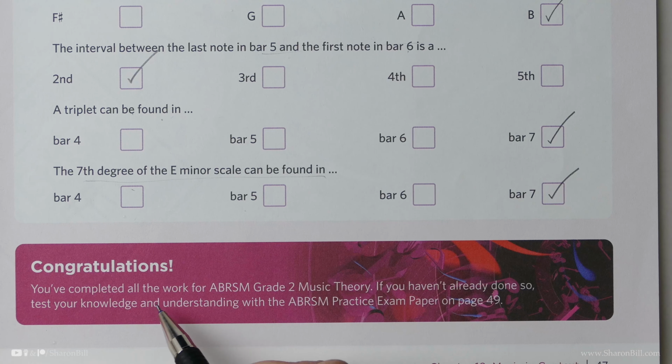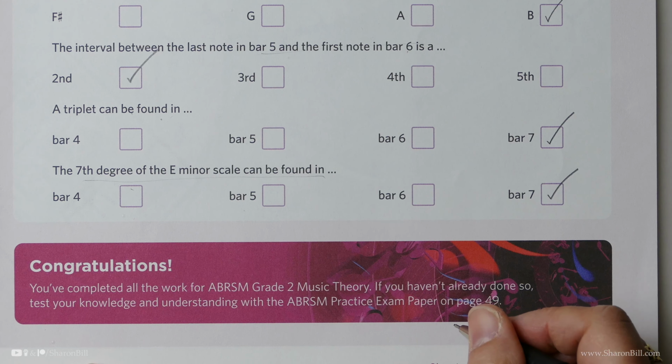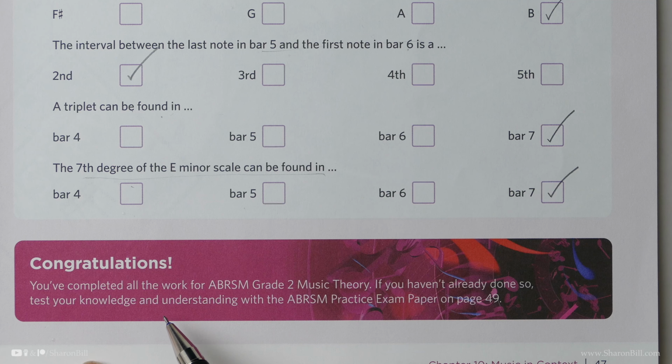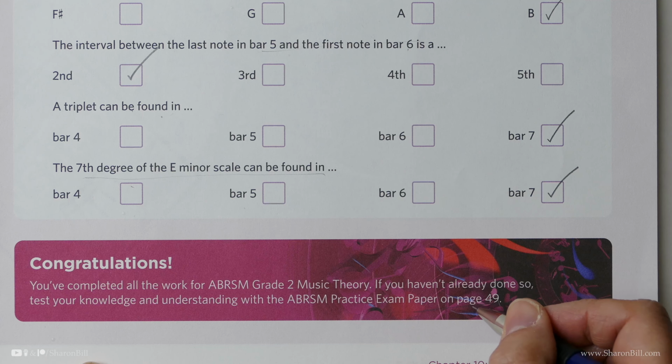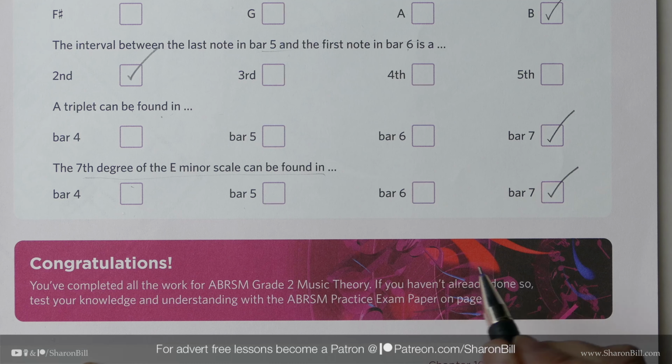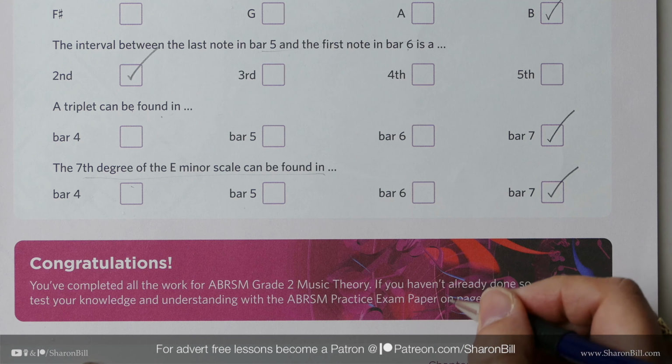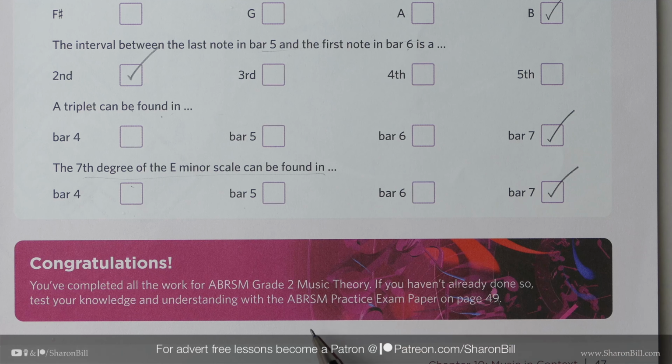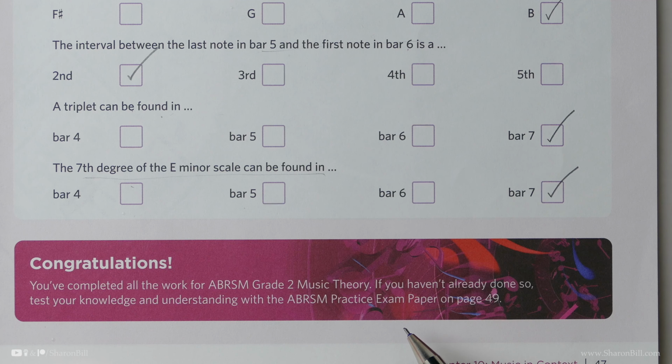And so we have completed all of this chapter now, and that has given us some revision opportunity. And so before you move on to the practice exam paper, which I suggest we do first of all with no help whatsoever, do go back over these music and context questions that we've done so far to see what caused you some problems, because if you do a little bit of revision on those weak areas now, you'll be ready to take the test to give yourself a final revision opportunity.